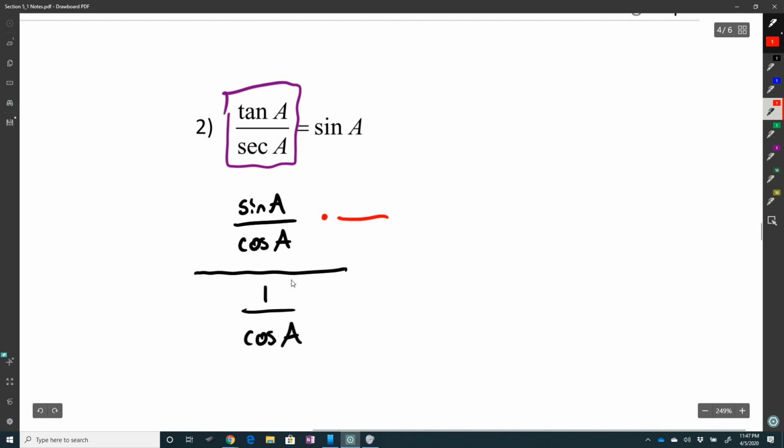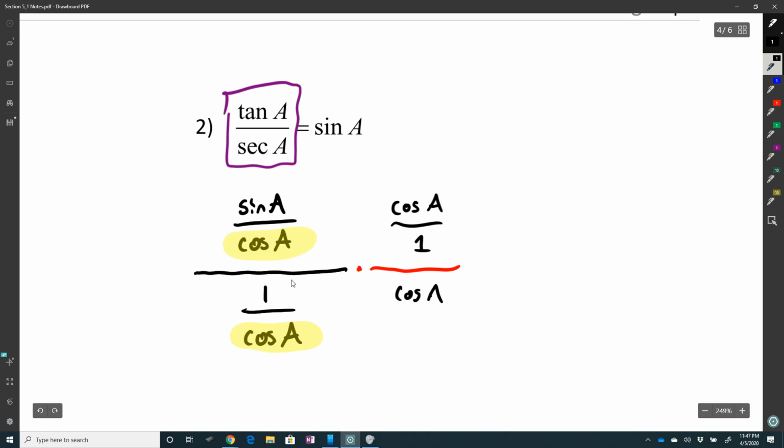So next, I'm going to multiply the top and bottom by the denominator. Notice that they have the same denominator. So I'm going to multiply it by cosine A over 1, cosine A over 1.